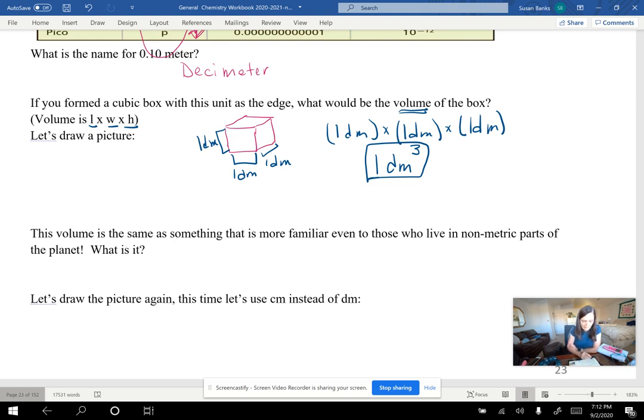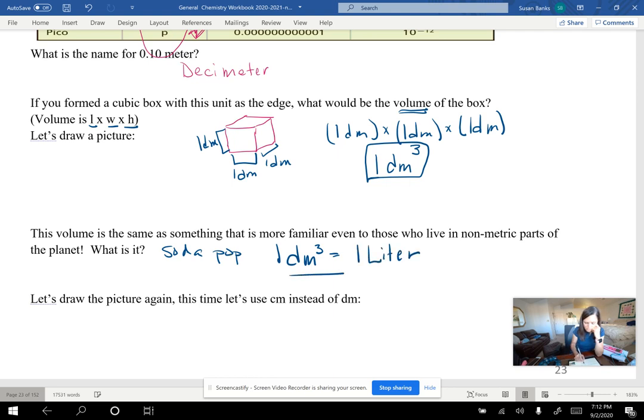Okay? So we sell soda pop by this. And if you buy soda pop, you're usually buying it in liter or 2 liter or even half liter bottles. So 1 decimeter cubed is equal to 1 liter.